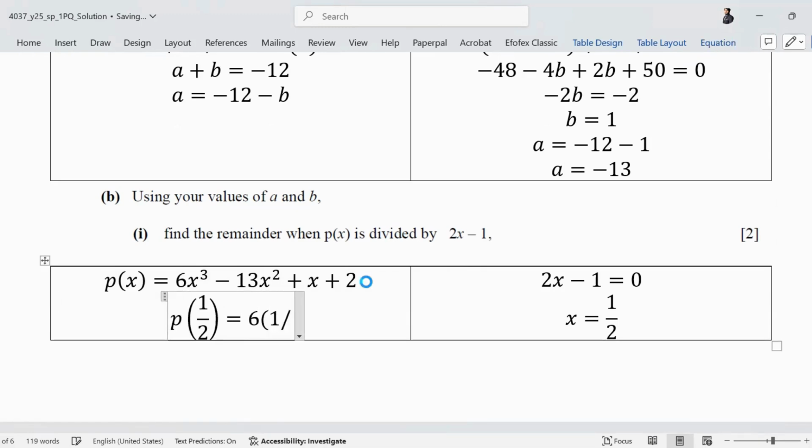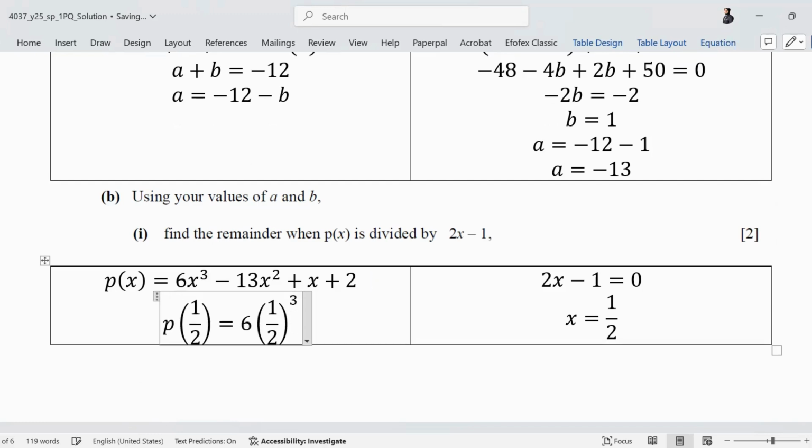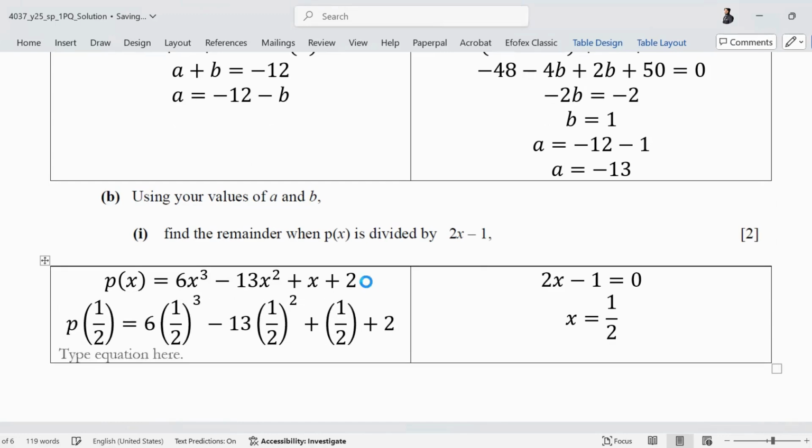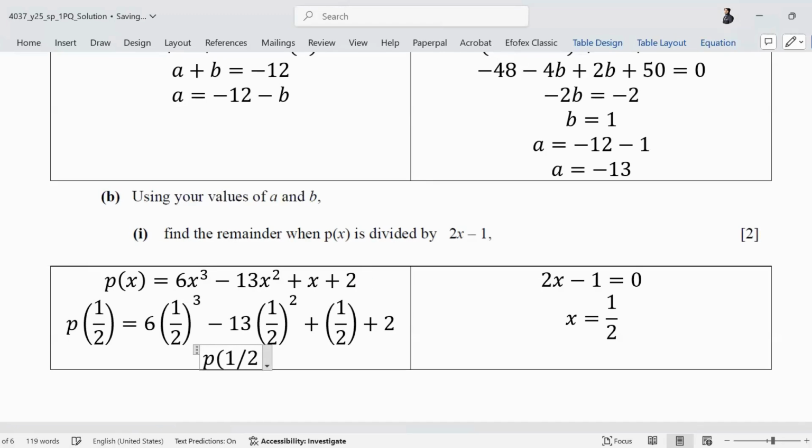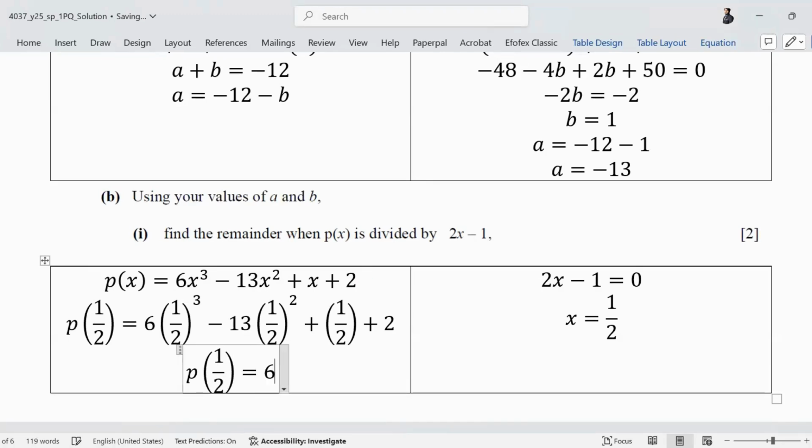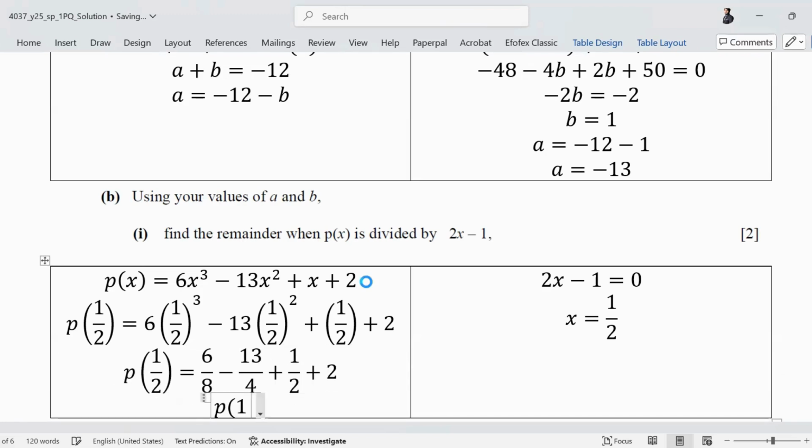Using the remainder theorem, 6 into half cubed minus 13 into half squared plus half plus 2. So p of half, which will be my remainder, is 6 upon 8 minus 13 upon 4 plus half plus 2. Let me simplify because this is a non-calculator paper.